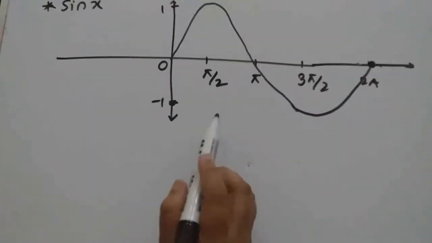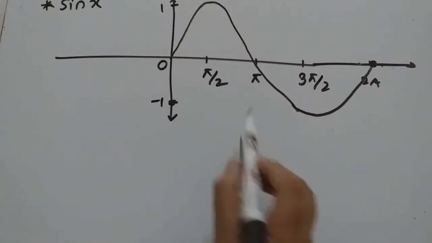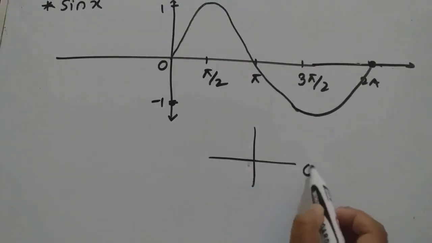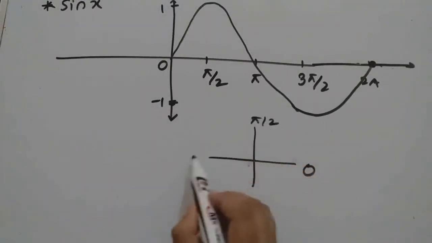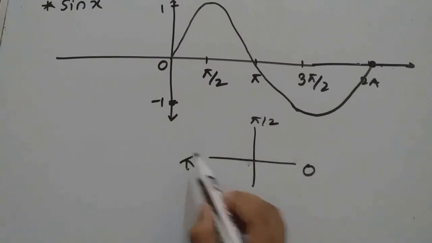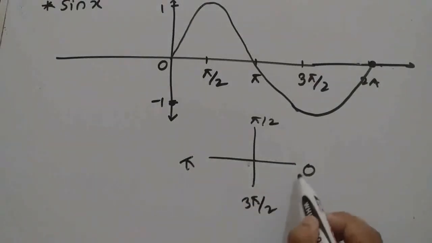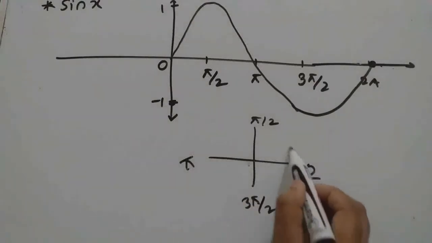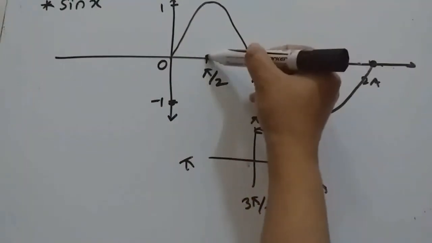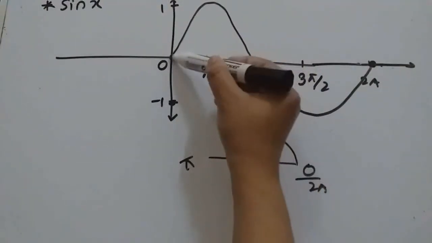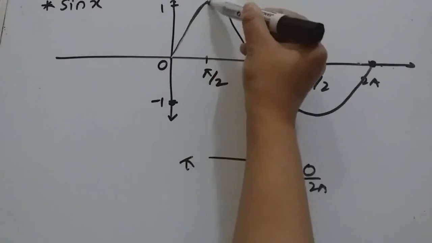So see, in our quadrants also, if you observe, 0, pi by 2 is 90, isn't it? 180 means pi, then 3 pi by 2 and then again 2 pi. So from 0 to pi by 2, that means in the first quadrant, the sine function is increasing from 0 to 1, isn't it?